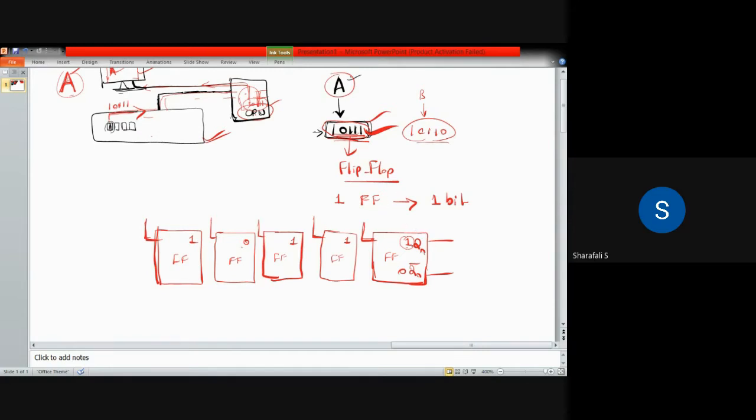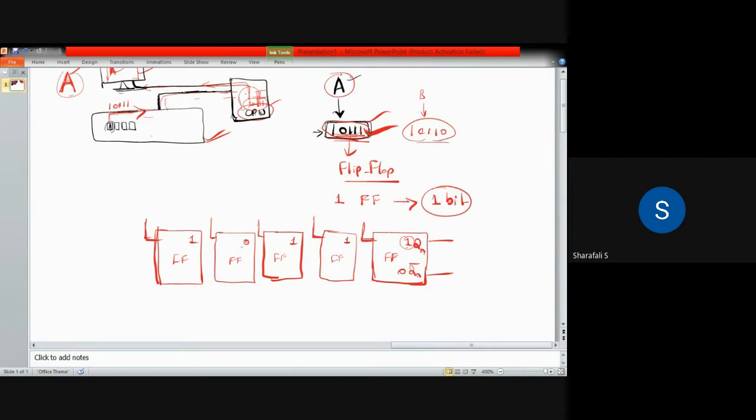as I said, in one flip-flop you can store only 1 bit of information. And if you arrange a group of such flip-flops, then you can store a number of bits.